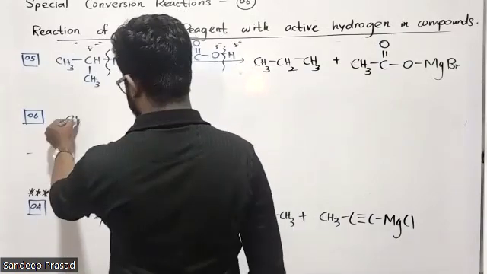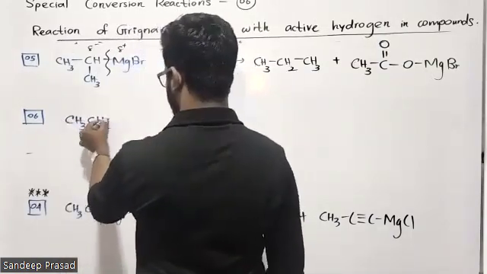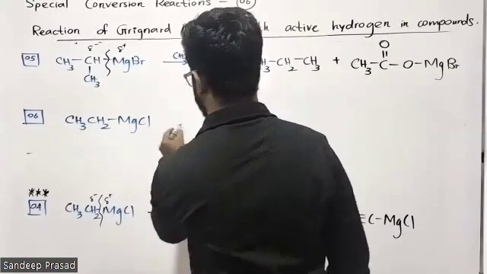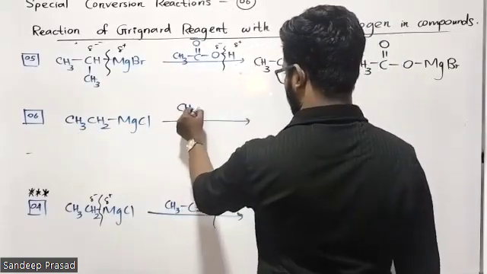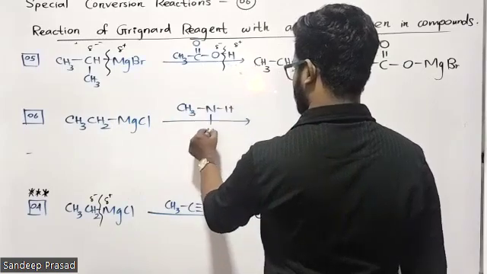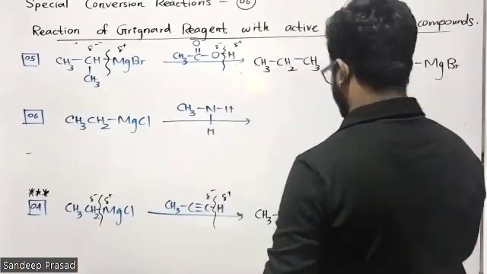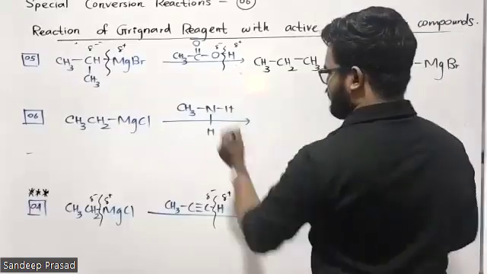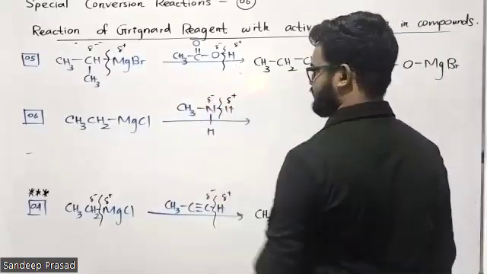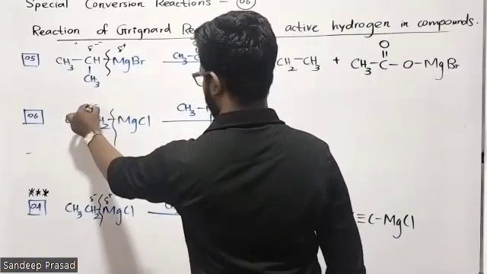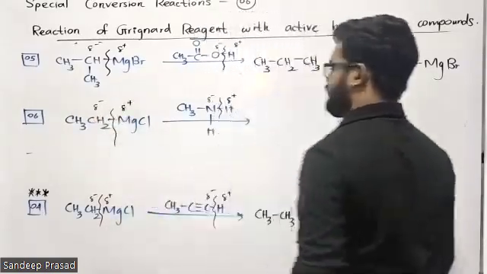We have green arc region CH3CH2MgCl, and we are going to add CH3NH2. Then what will happen? This is delta plus, delta minus. This is also broken, delta minus, delta plus.